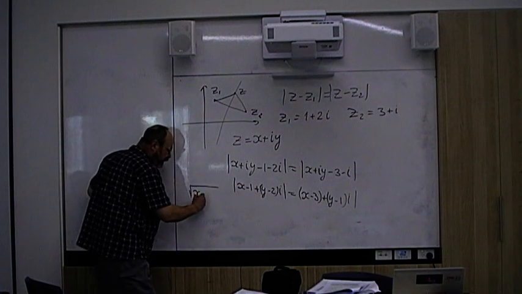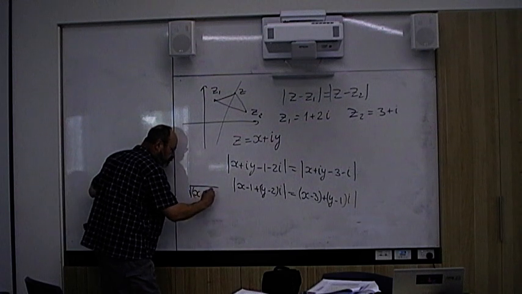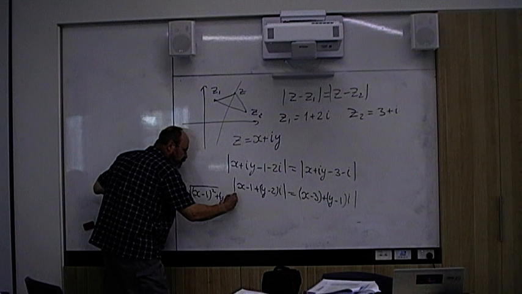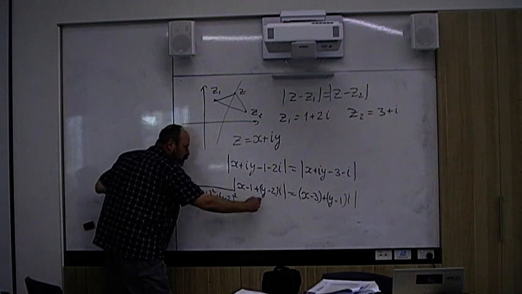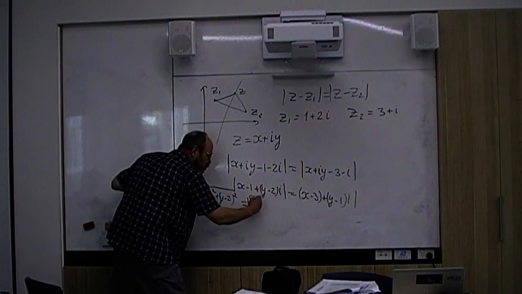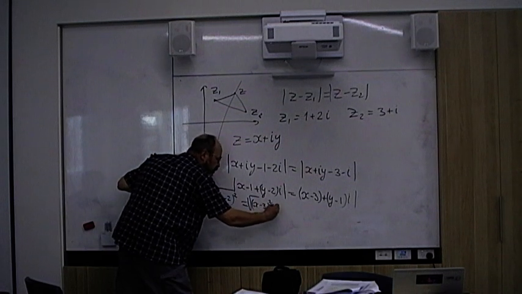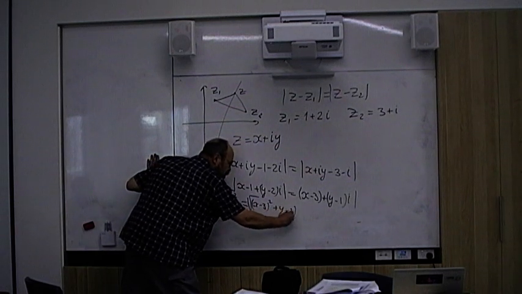So it will be the square root of x minus 1 squared plus y minus 2 squared, equal the square root of x minus 3 squared plus y minus 1 squared.